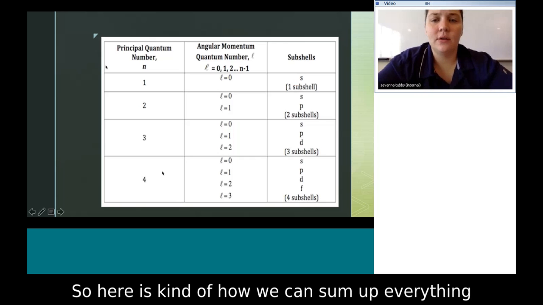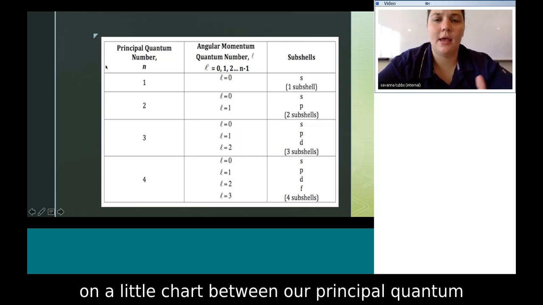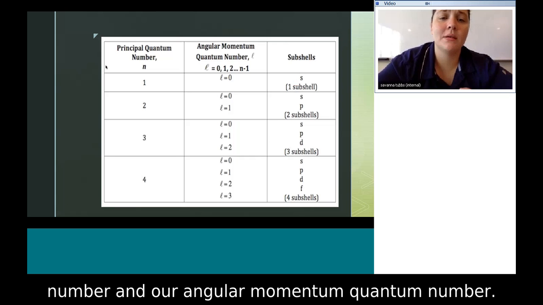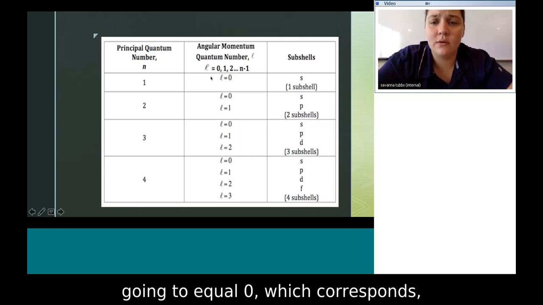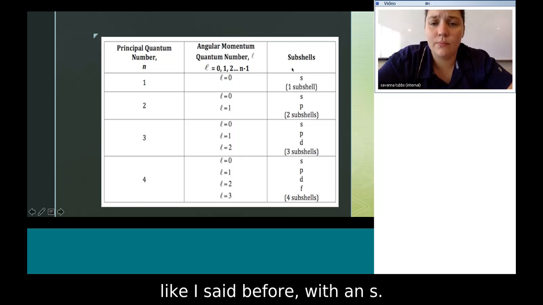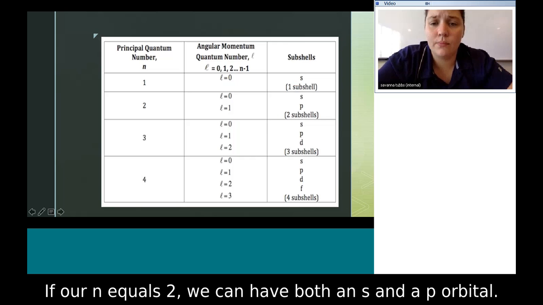Here is how we can sum up everything on a little chart between our principal quantum number and our angular momentum quantum number. If our n equals 1, then our l is going to equal 0, which corresponds with an s. If our n equals 2, we can have both an s and a p orbital.